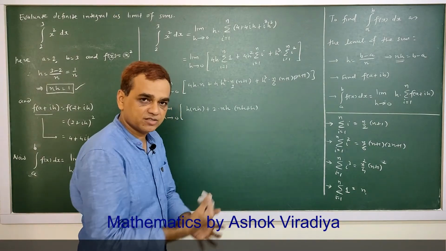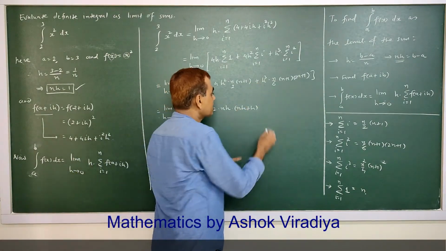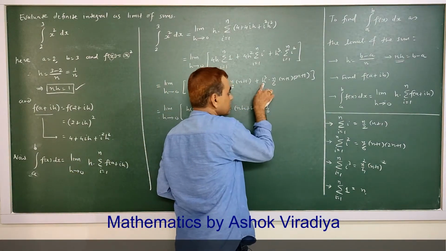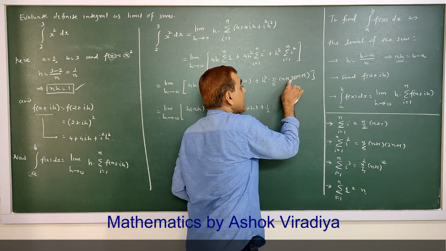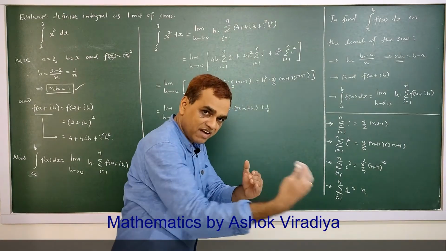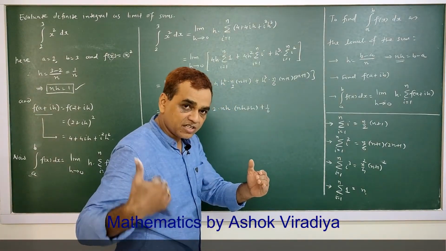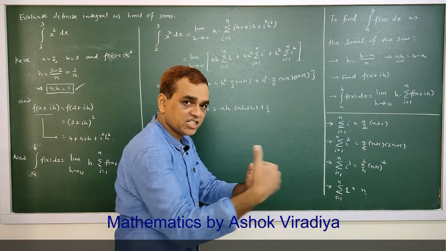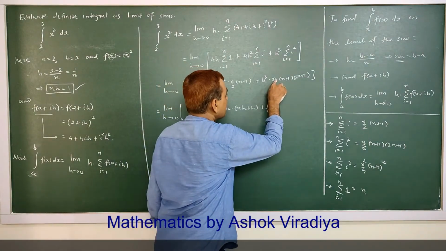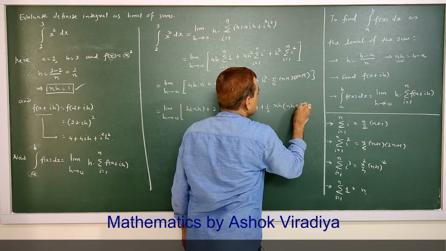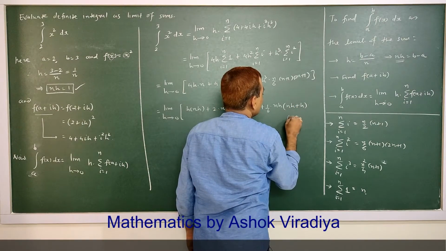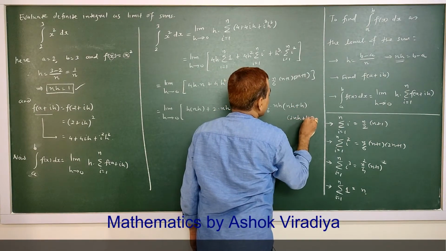These are 3 h's, h into h into h, and 3 factors of n. So of these 3 h's, one h is multiplied with n to give nh, then (nh + h) into (2nh + h).